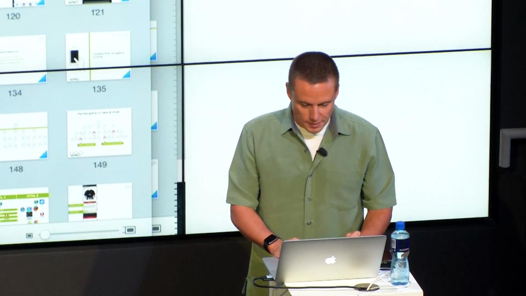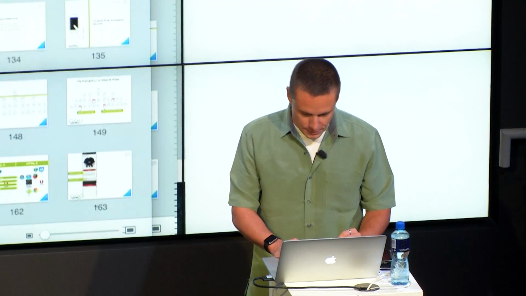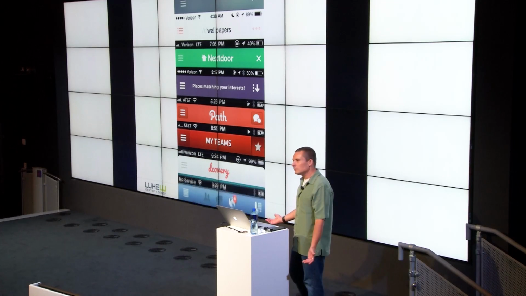So one of the things that people will always bring up, and let's see if I actually have this, is if everybody starts to use the hamburger menu, right? If every single company and app and everything out there uses it, won't everybody learn it?